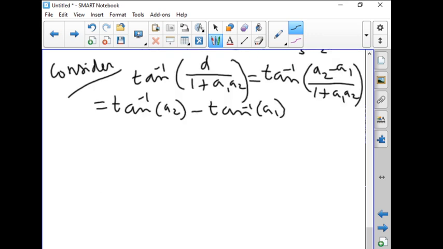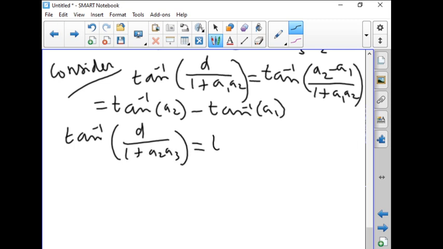Similarly, the second term, tan inverse of d by 1 plus a2 a3, we will get as tan inverse of a3 minus tan inverse of a2. It goes on like that.